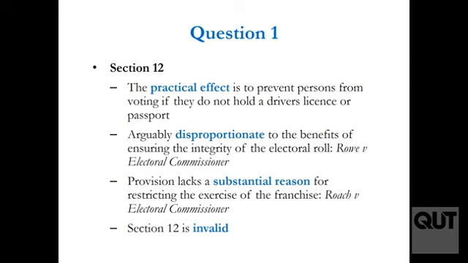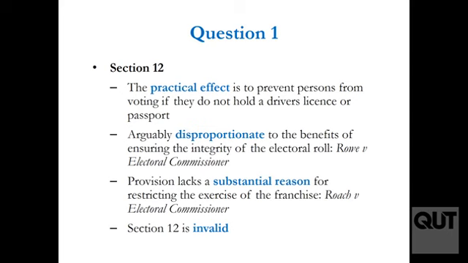Now, hopefully you remember from the decision of Roach that the rationale for the change relating to the closure of the electoral roll in that case was to ensure the integrity and accuracy of the electoral roll. So remember, that was the case about the early closure of the rolls, and it caught a lot of younger people. Here, the practical effect of section 12 is going to do the same thing.